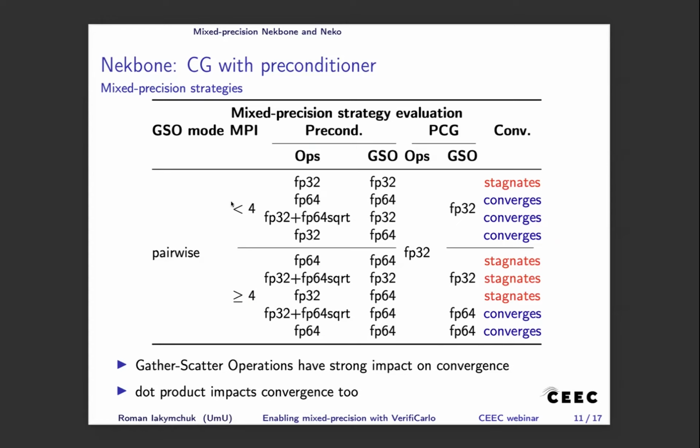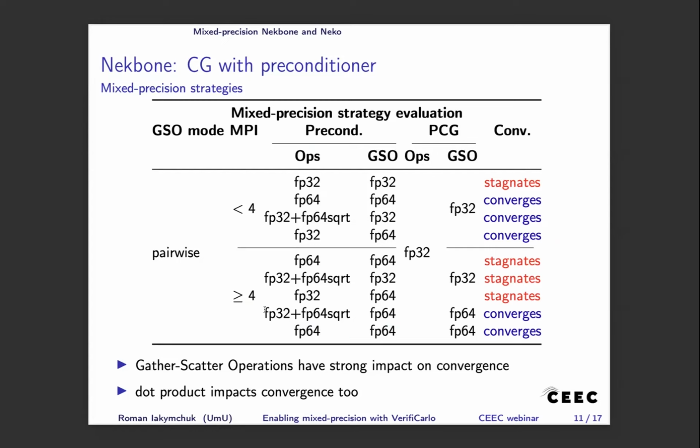So we tried to see different cases, small core counts, large core counts, and then we pinpointed a successful strategy. Obviously, if you compute preconditioning completely in double precision operations and global communication, everything converges. But this is not what we want, because our idea is to have some gain, since preconditioning is already consuming 70% of the execution time.